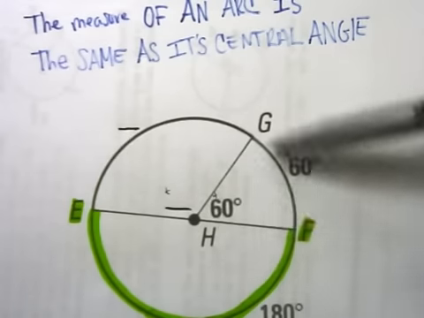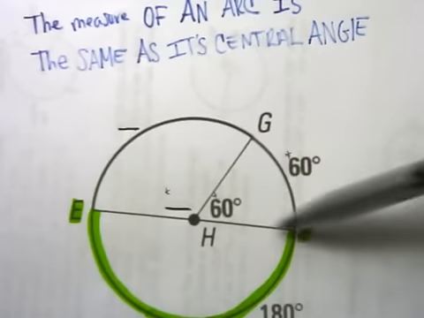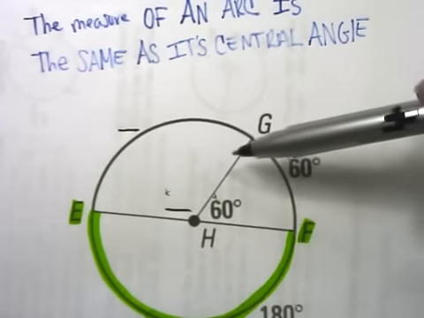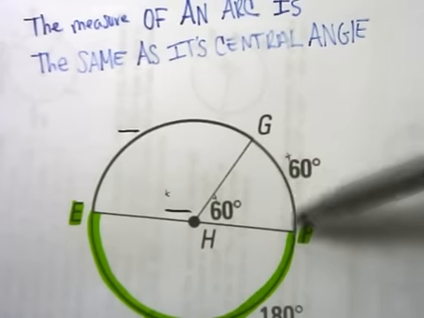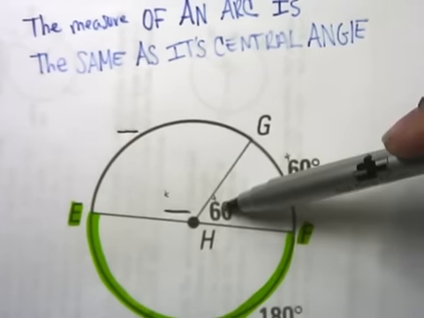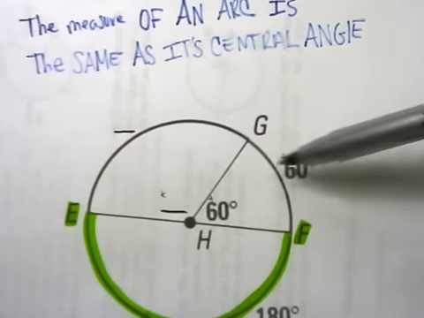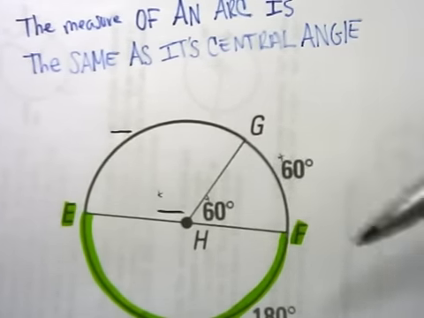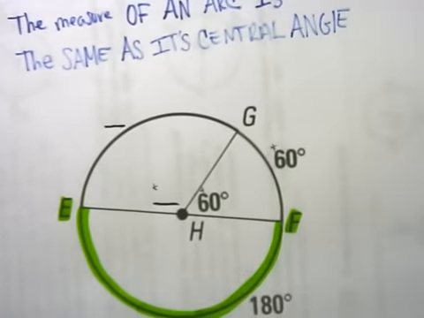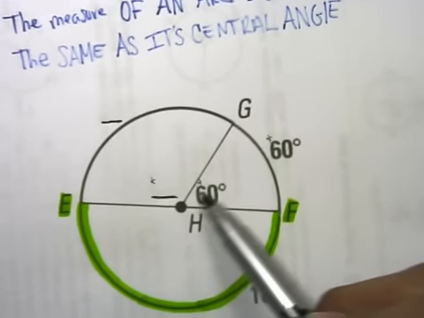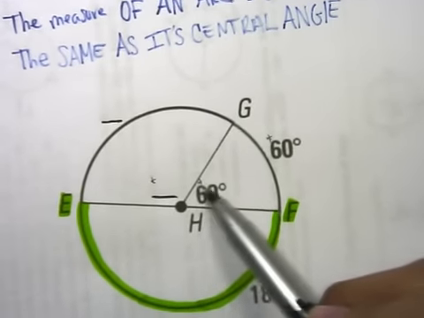And if you notice, this central angle is 60 degrees. So if my central angle is 60 degrees, the arc that this central angle creates is also going to be 60 degrees, because the central angle and the arc that it creates are always the same measure.